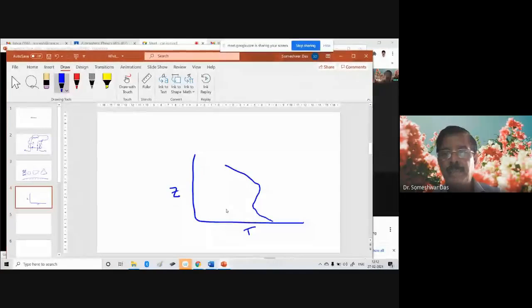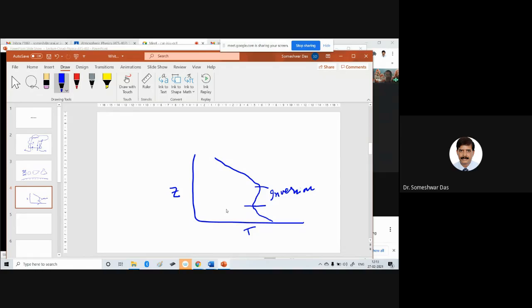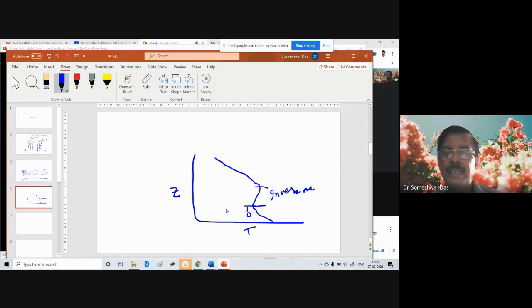So this is the inversion layer, and this inversion acts like a stable boundary, or like a wall which does not allow the clouds to penetrate upward, because the atmosphere is stable.